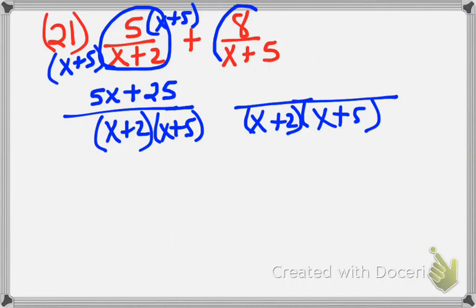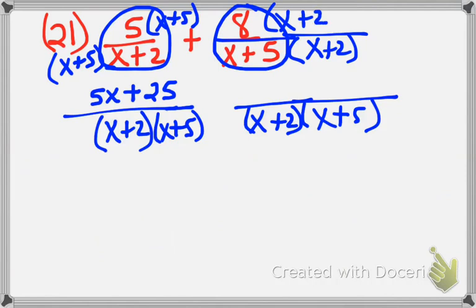On the right side, my old fraction had x plus 5 in the denominator, but it was missing x plus 2. So I have to put the x plus 2 there, and I also have to put the x plus 2 in my numerator. So then my new numerator on the right side is going to be 8x plus 16, because I'm distributing my 8. So once they have the same denominator, all I have to do is add up the like terms in the numerator.